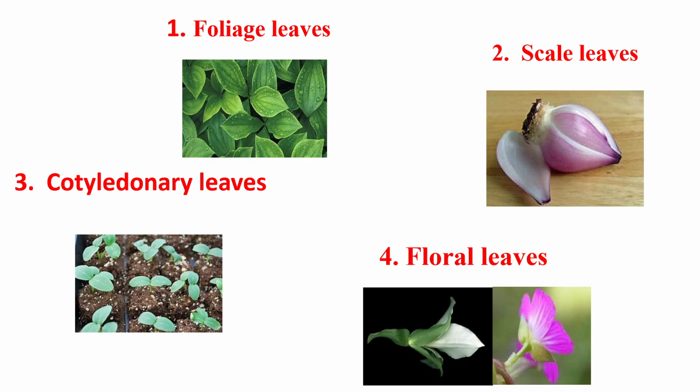In dicot seeds, after germination, cotyledons come out of the soil, turn green and carry on photosynthesis, just like foliage leaves. Example, bean, tamarind, etc. The flower parts such as sepals and petals are called floral leaves.